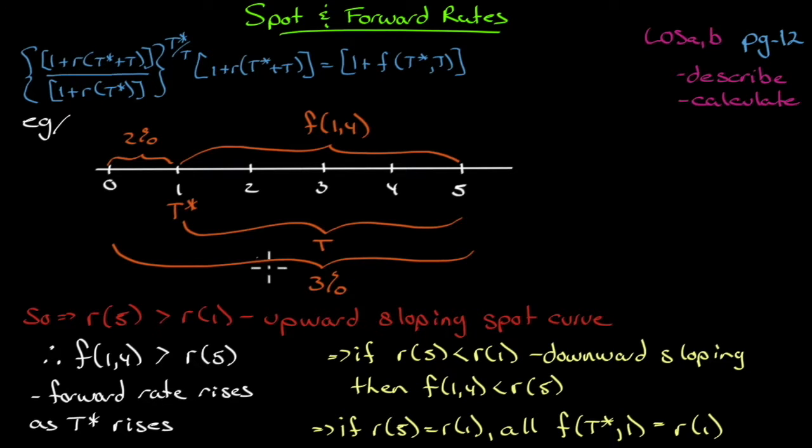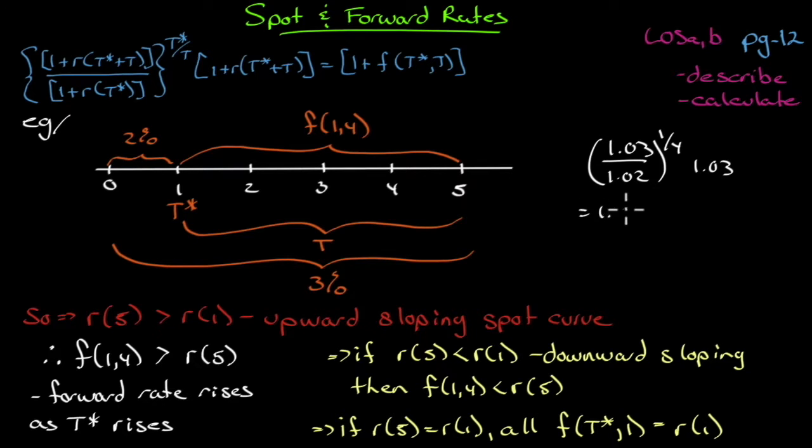We need 1 plus the rate here, 1.03, over 1.02. And that is to the power of t star over t. T star is 1, t is 4. And then we multiply that again by the numerator on the outside, 1.03. And that should give us F14.